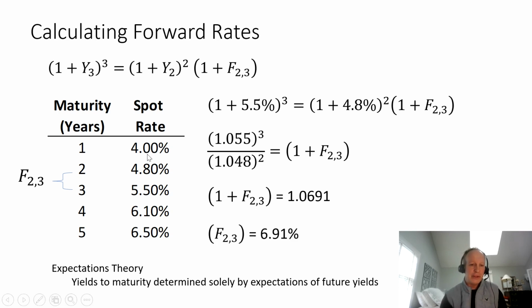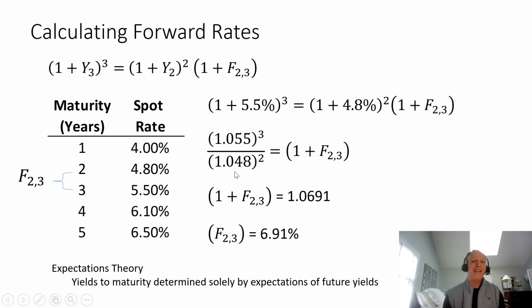So using this spot yield curve here, I was able to calculate 2 forward rates. If you recall, the first forward rate I calculated was between these two numbers. It was 5.61%, and then the next one was 6.91%. So we're going from a spot 1-year rate of 4% today to an expectation that that spot rate is going to rise to 5.61% here, and it's going to rise to 6.91% here.